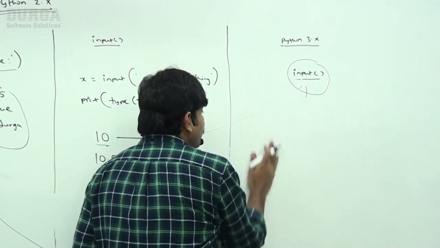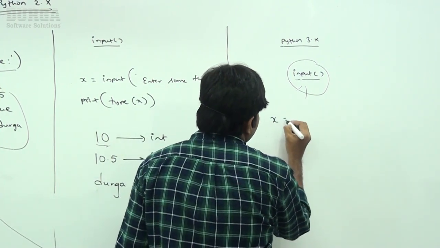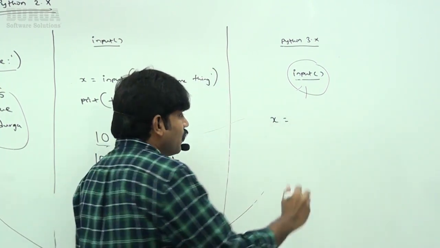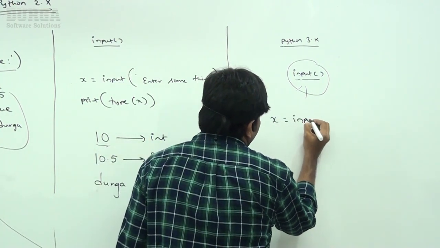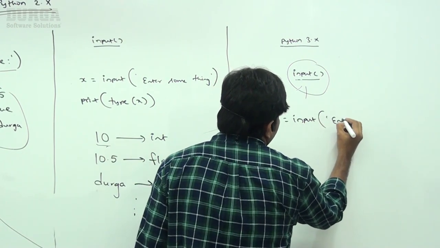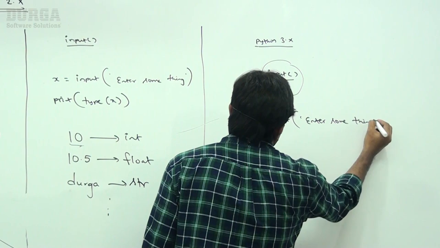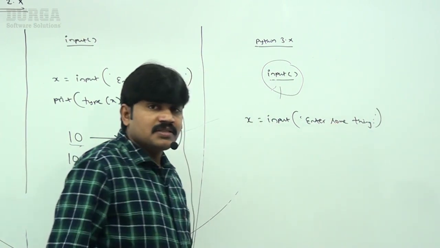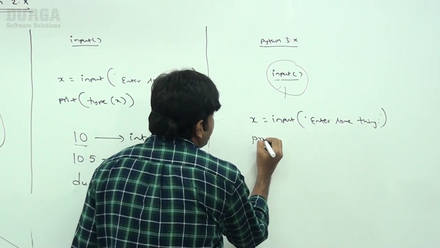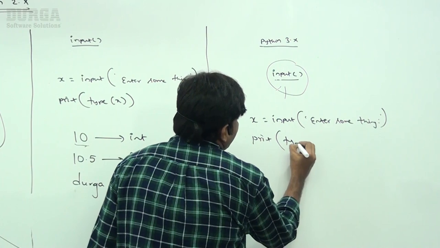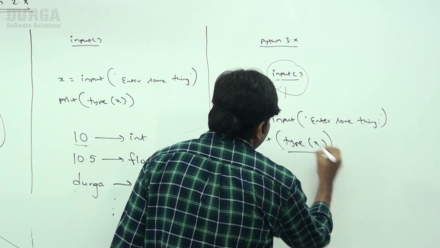Just observe a bit carefully, sir. x = input('Enter something'). Enter something, like I have to take. Sir, what is the type of this x? print(type(x)).